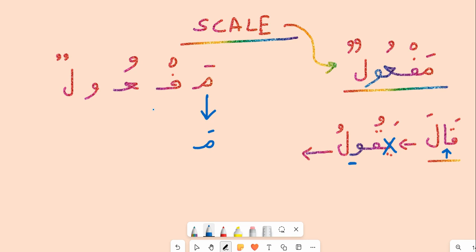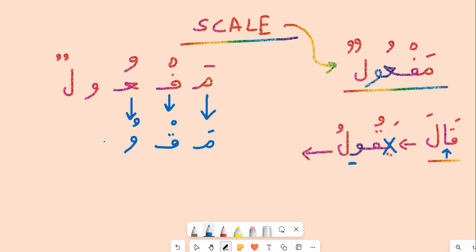Remember, we will follow all the harakas and all the structure as it is here. The next letter is qaf, so we will put qaf with sukoon. Then comes the waw from the present tense. Waw falls in the place of ain, as fa falls in the place of qaf, with dhamma. Remember, it is with dhamma.